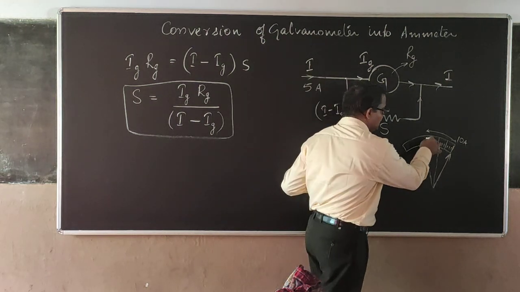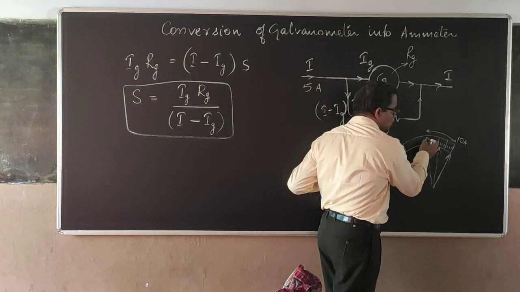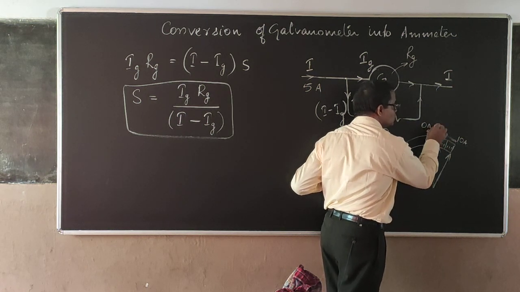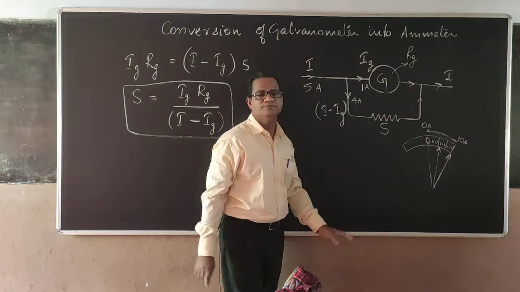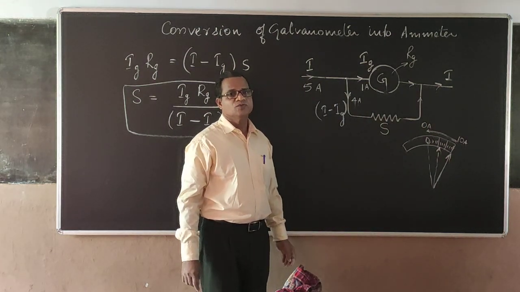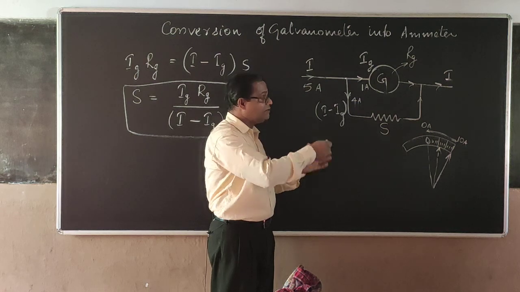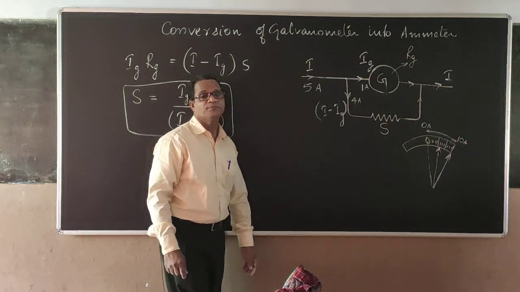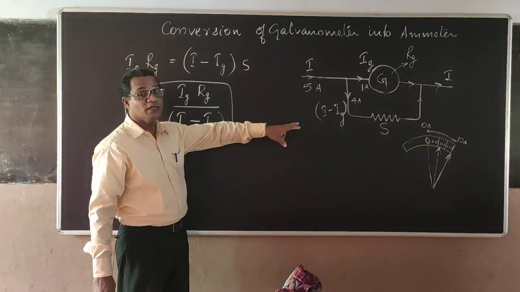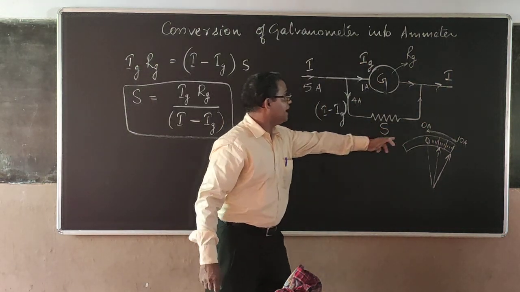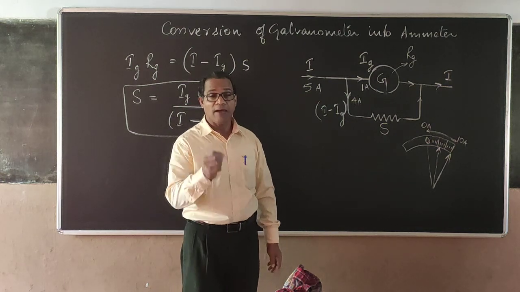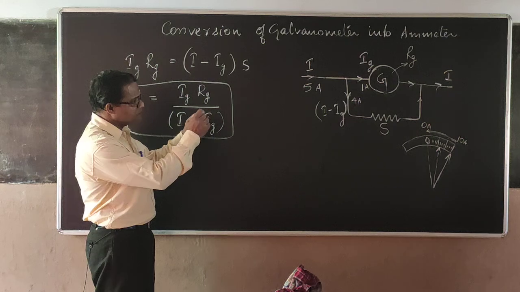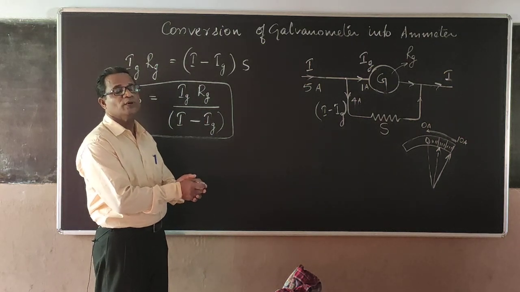That means the galvanometer reading is now calibrated automatically from 0 ampere to 10 ampere. This is how the galvanometer is calibrated to read 0 to 10 ampere. So it is not a galvanometer now; together it is acting as an ammeter. This is a simple method to convert the galvanometer into an ammeter.